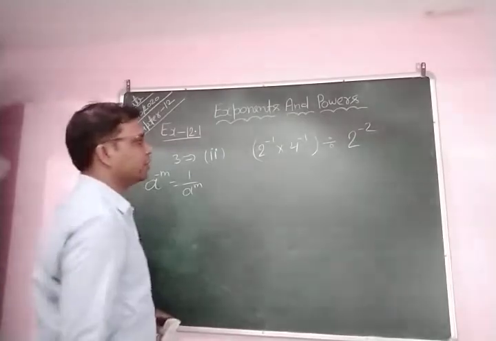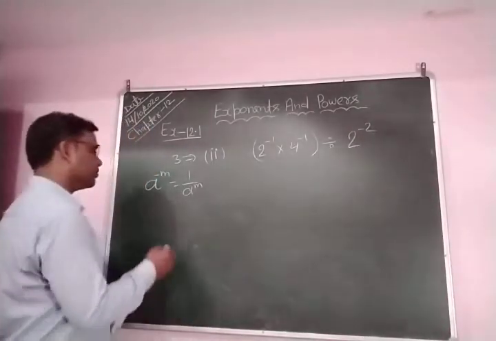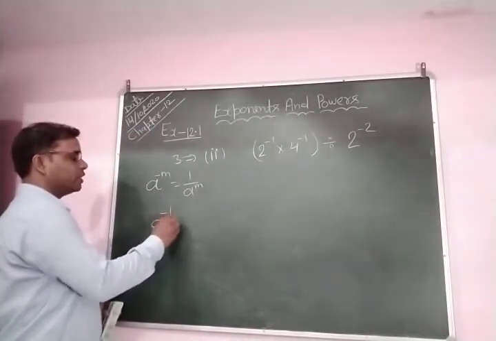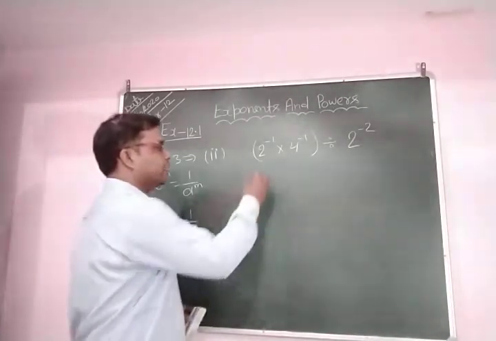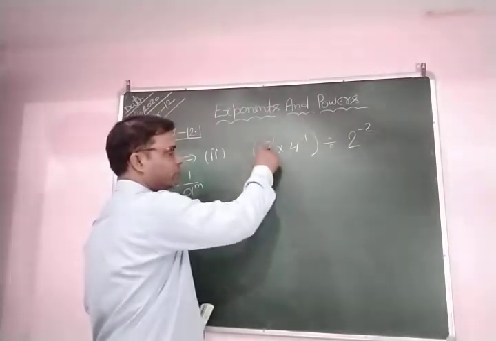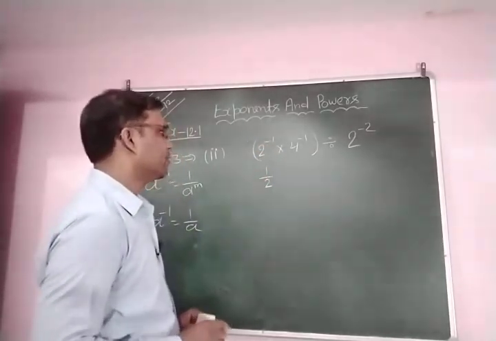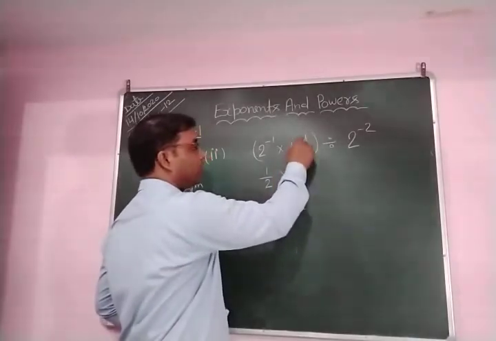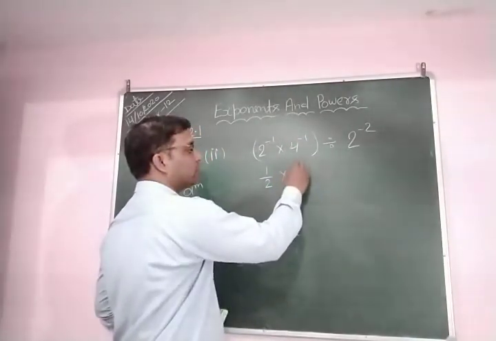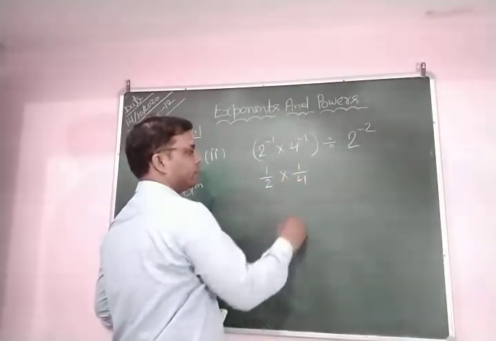Clear? So if a to the power minus 1, this is equal to 1 upon a. Okay? So you write here 1 by 2, because here you can see 2 power minus 1 into 4 power minus 1, this becomes 1 by 4.